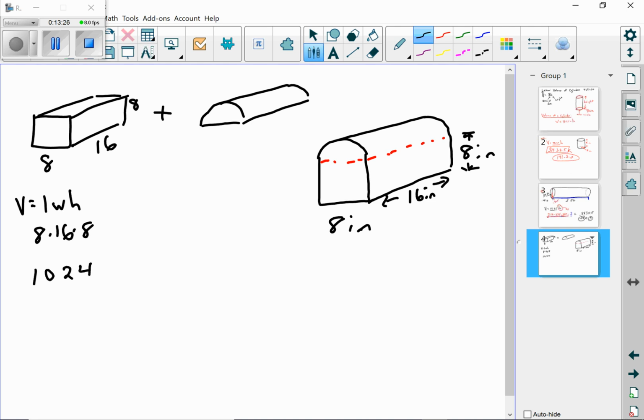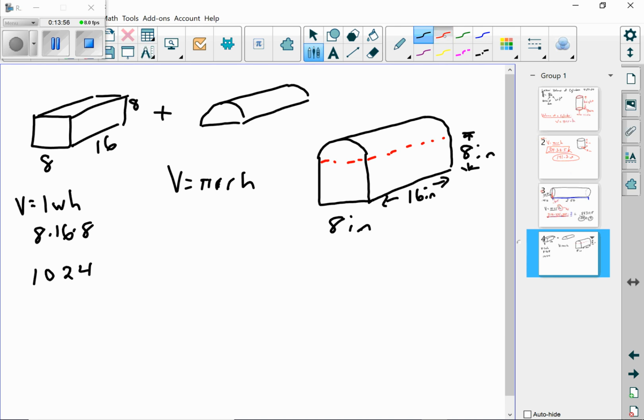Now for the half cylinder, you're going to find the volume of the whole cylinder and just divide it by 2. So the volume of this cylinder is going to be volume equals pi r r h, right? In order to do the volume of the cylinder, we need the radius. I didn't give you any numbers up here in the picture on this cylinder, so you've got to get them all from the box.